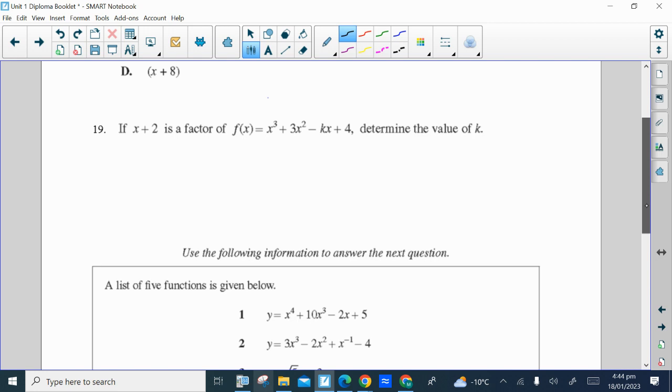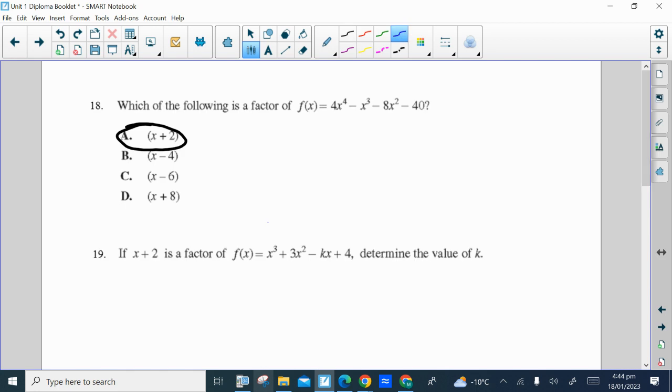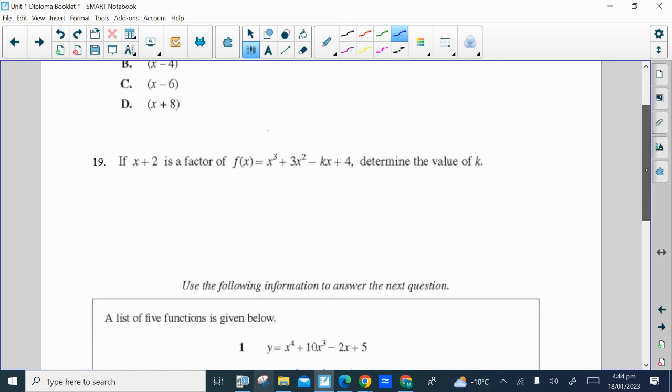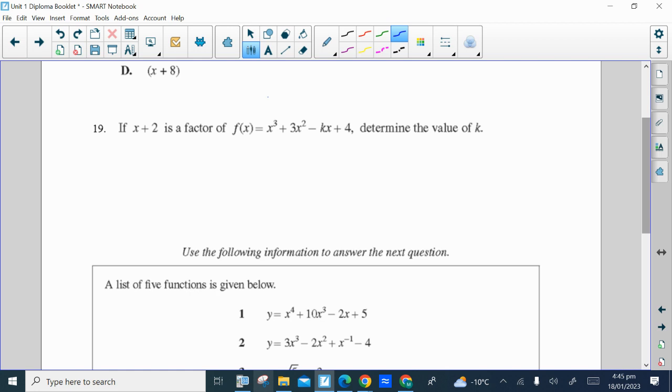Number 19 says, if x plus 2 is a factor of f of x, determine k. So to do this, we use the remainder theorem. We said that if you have a polynomial, and in this case you're dividing by x plus 2, you can find the remainder by evaluating p at -2.